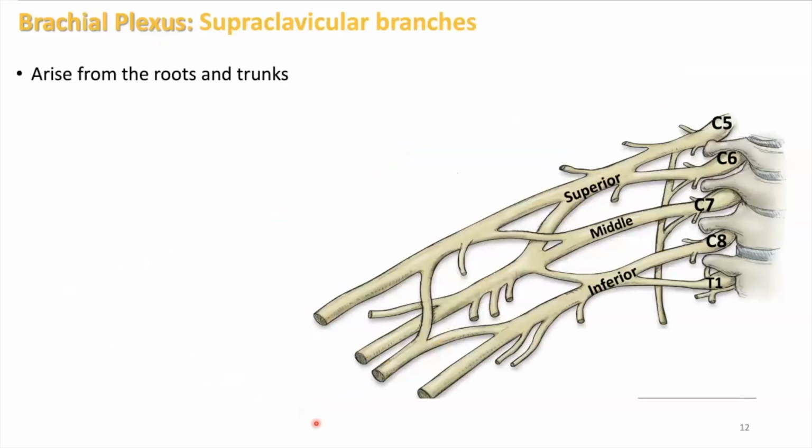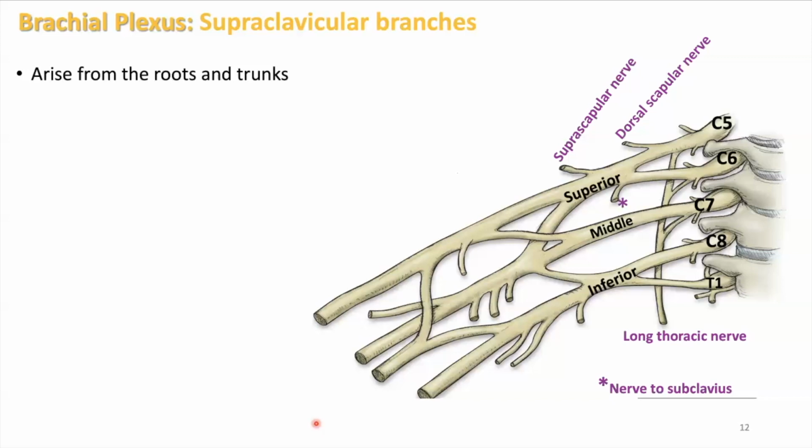But brachial plexus also has supraclavicular branches. Brachial plexus begins in the neck and descends down to the axilla, where it gives its terminal branches. But before it crosses the clavicle, it gives some branches: dorsal scapular nerve, suprascapular nerve, long thoracic nerve, and nerve to subclavius.